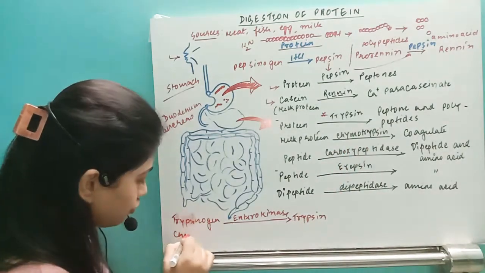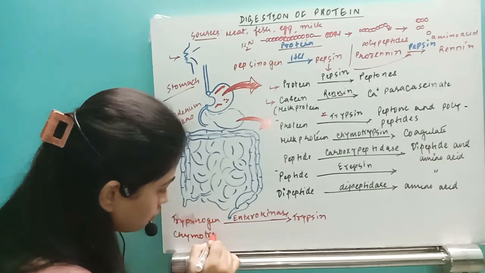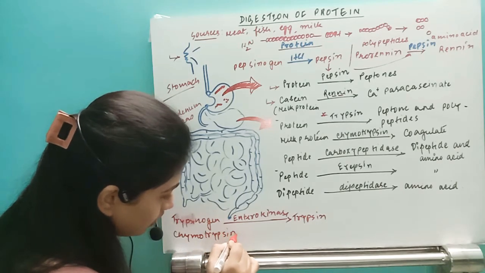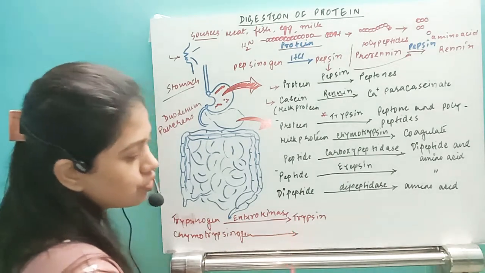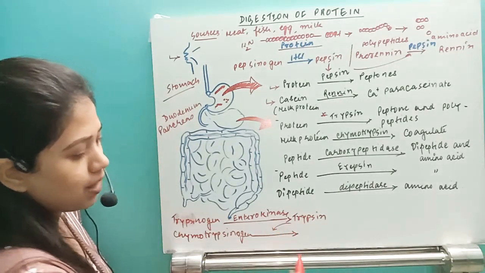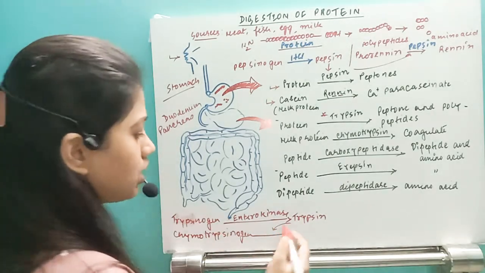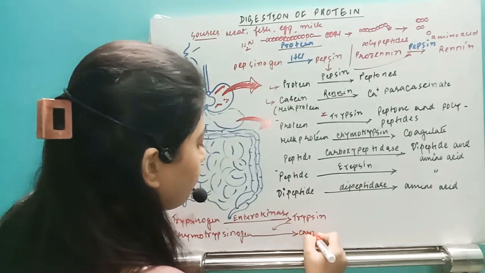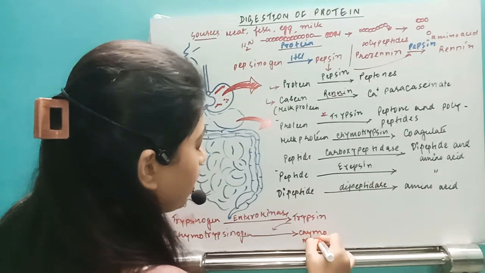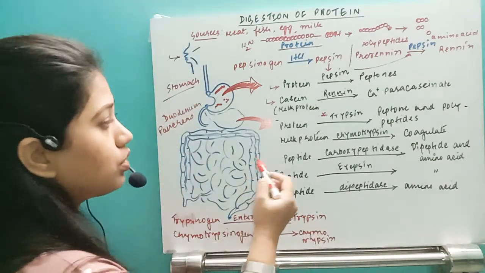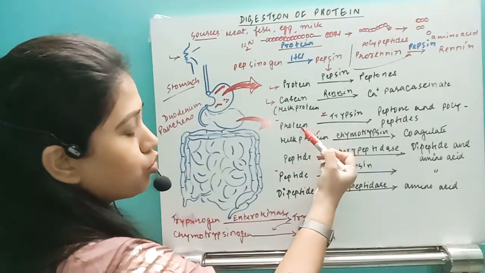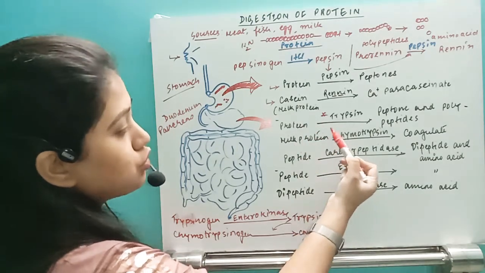So this chymotrypsin actually will also be released in an inactivated state, that is chymotrypsinogen. So this chymotrypsinogen will be acted upon by the trypsin to convert into the chymotrypsin, right? So this chymotrypsin will act on this protein, milk protein, to coagulate.